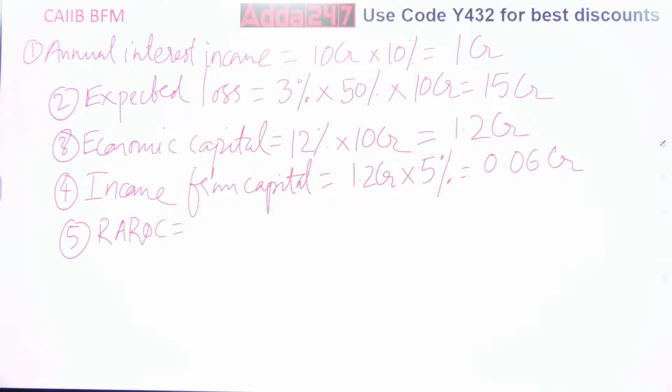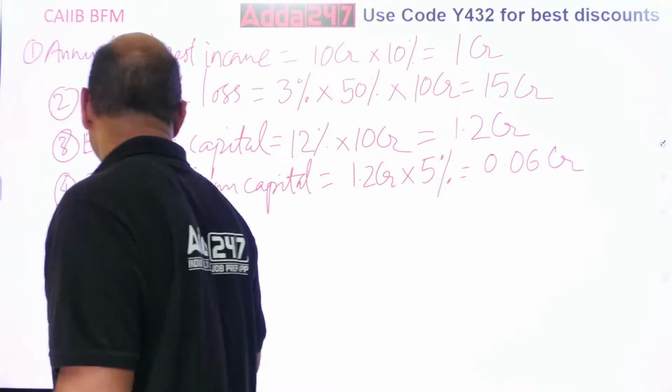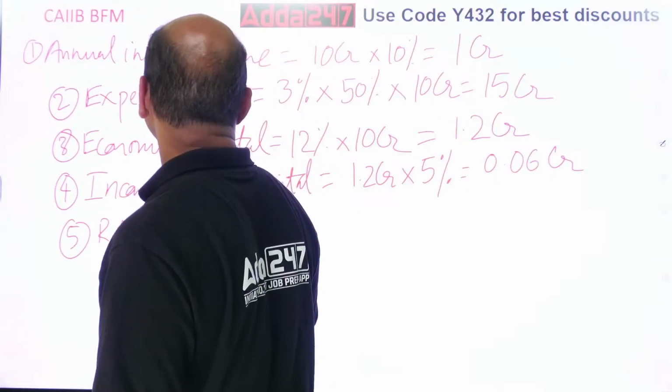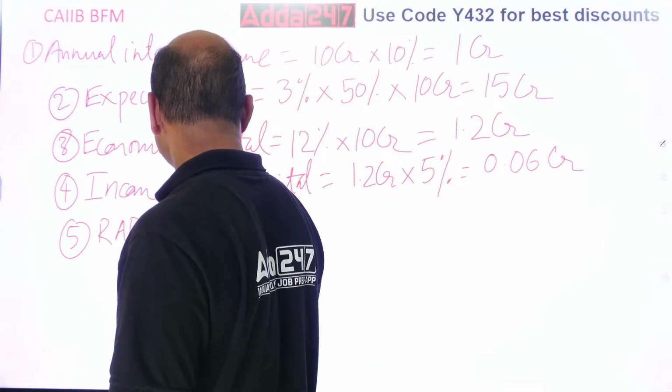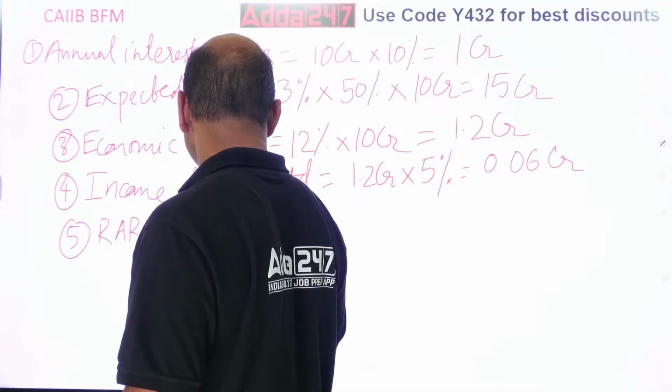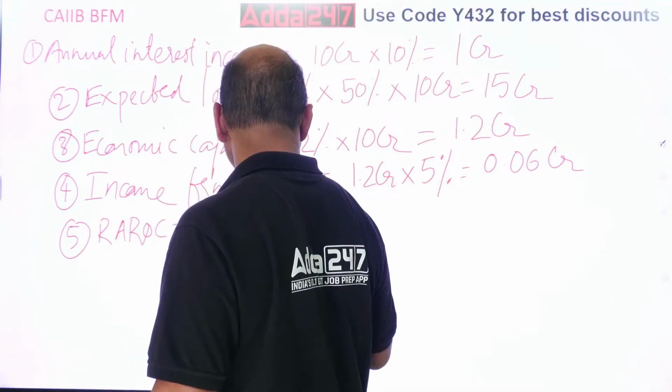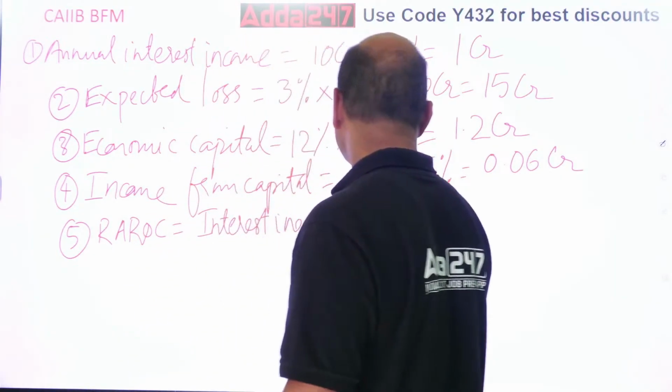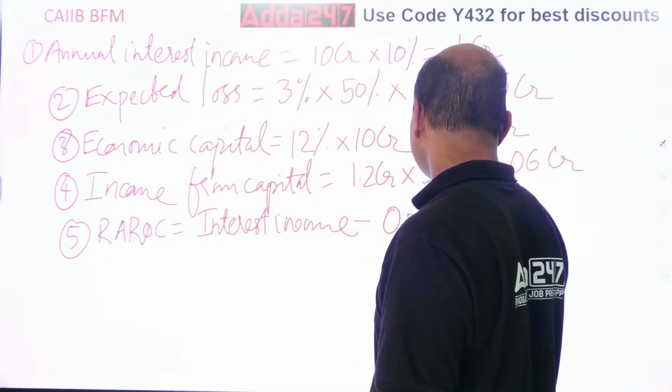Anything over here? Yeah, operating expenses are given, 10 lakhs. See, it's very confusing. So I'll write it over here. Total interest income minus operating expenses.